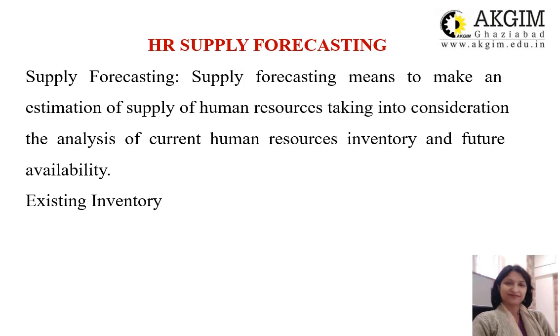Is it the baby boomers, the millennials, and so on and so forth. So inventory of skills, experience, and values and capabilities that have been maintained by the organization in terms of information. And then inventory of salary grades, then gender wise inventory, and inventory of past performance and future potentials. So all these will help in your forecasting supply.